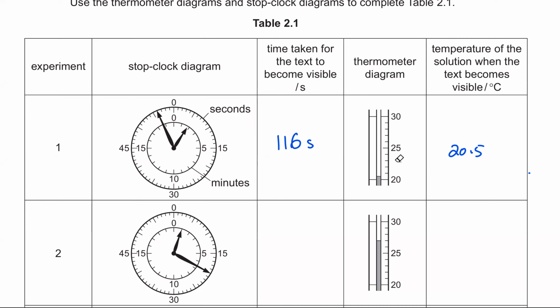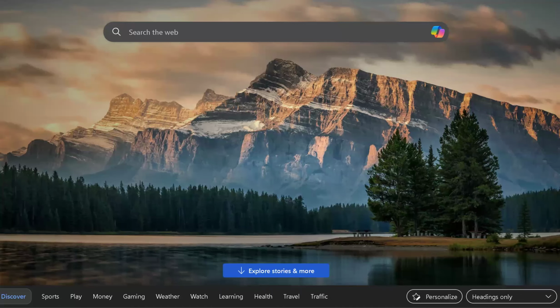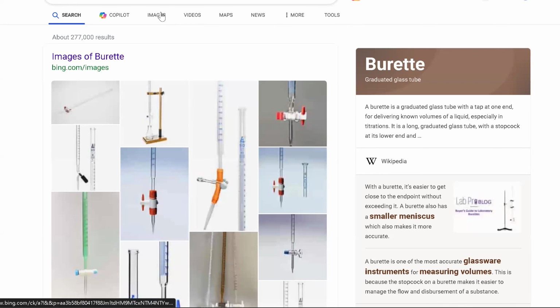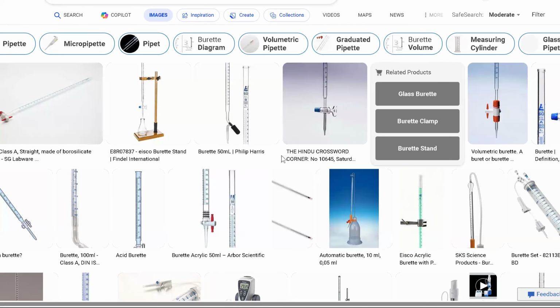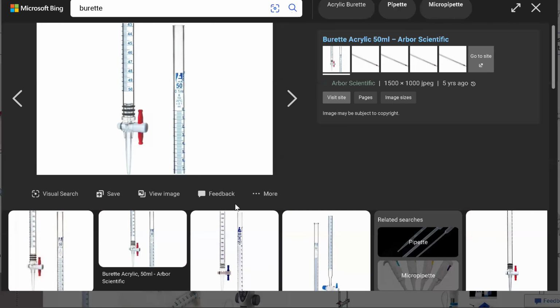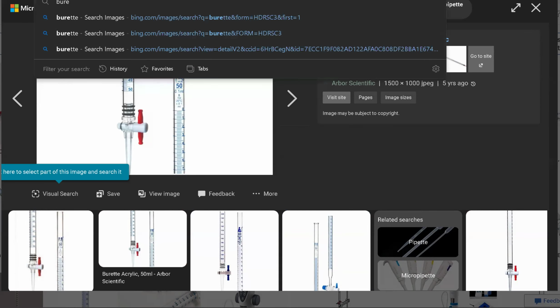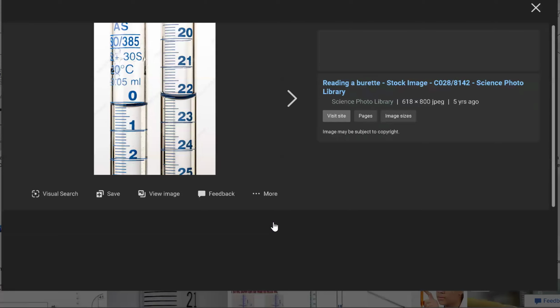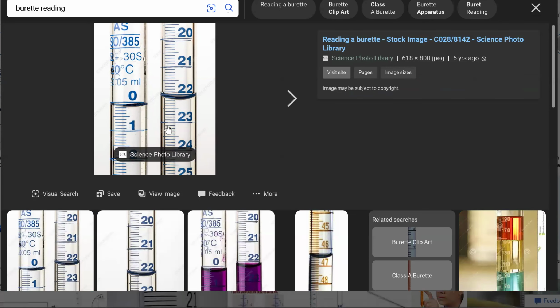So, for example, if I have a burette, the accuracy of the burette, and also remember you use the lower meniscus, right?